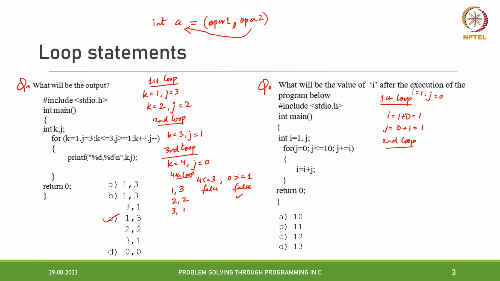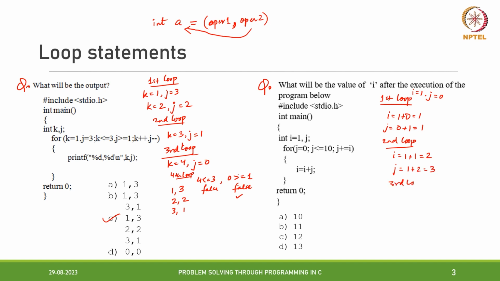In the second loop the condition is still satisfied because 1 is less than or equal to 10. Now i was 1, it becomes 1 plus j, which is 1, and that is 2, right? And at the end of the iteration j is incremented by i, that means it is incremented by 2, j becomes 3.